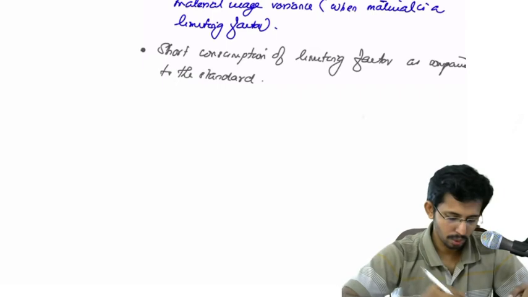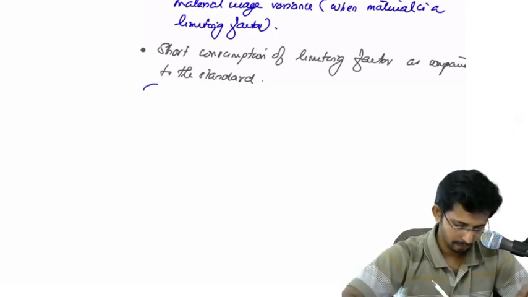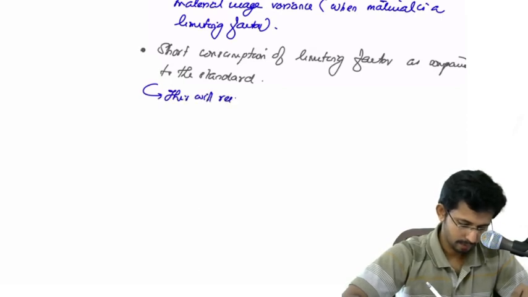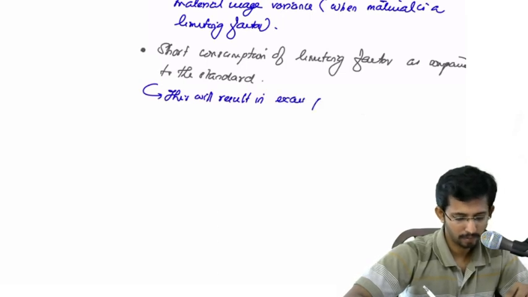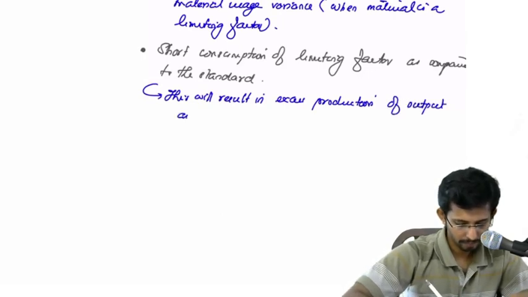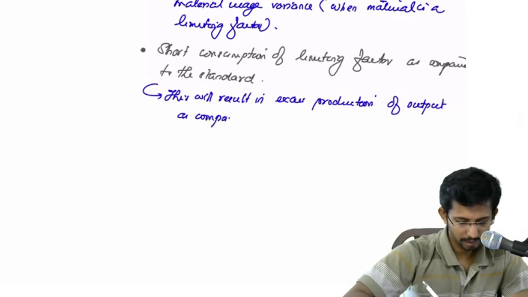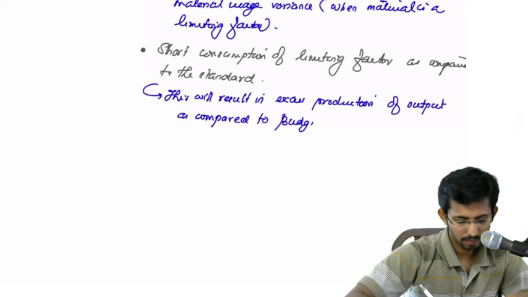Okay, so short consumption of limiting factor as compared to the standard will result in excess production of output as compared to budgeted production.